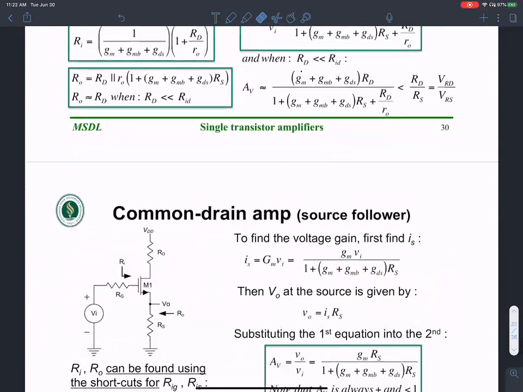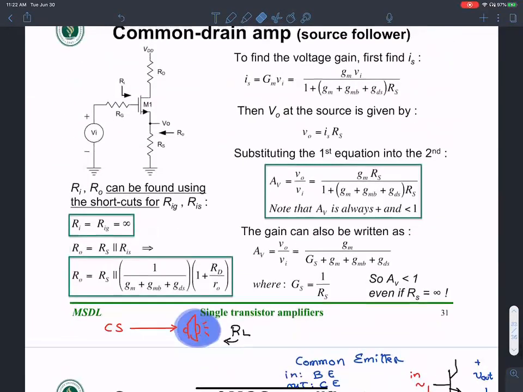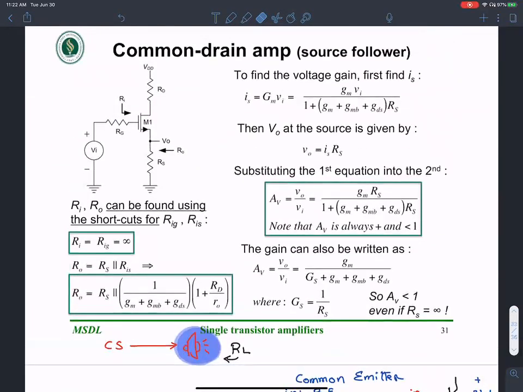And then there is the common drain amplifier, which is similar to the common collector or emitter follower amplifier. Now the gain of this guy is close to 1, but definitely less than 1.